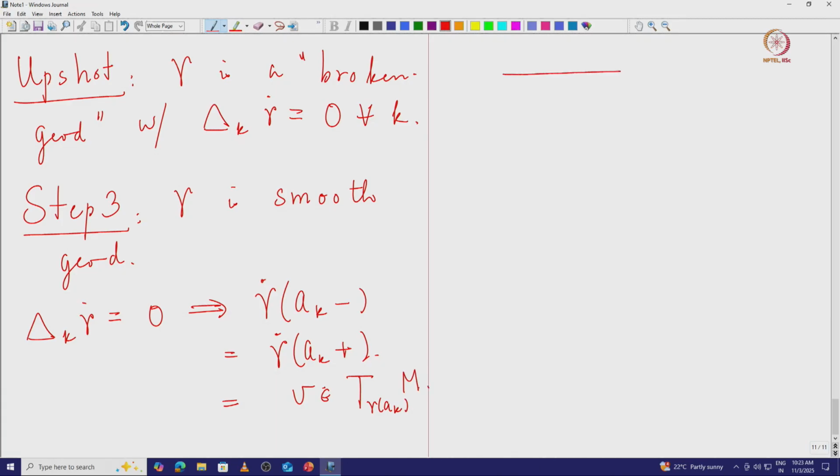Now just imagine the following: you have this interval, you have a_{k-1} and you have a_k.